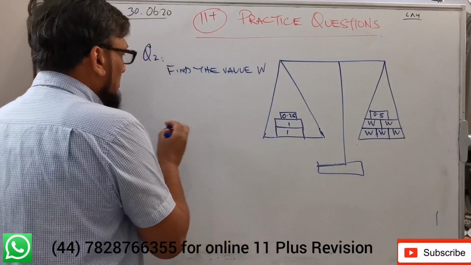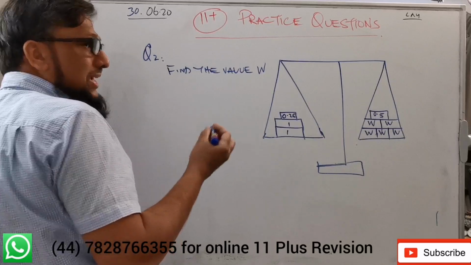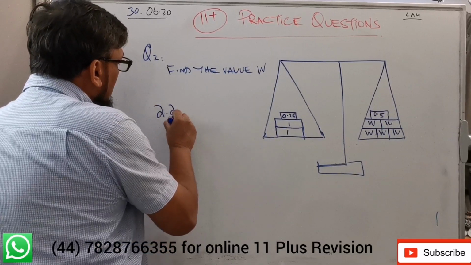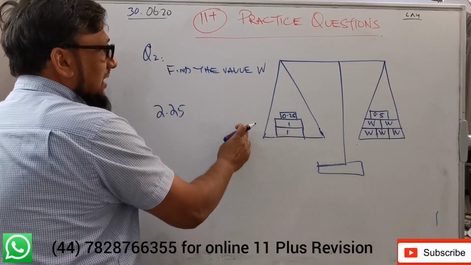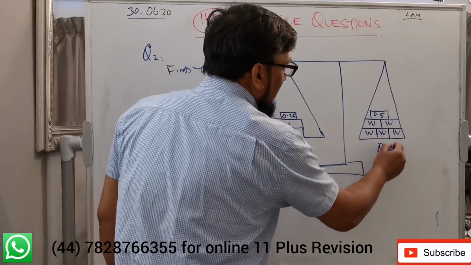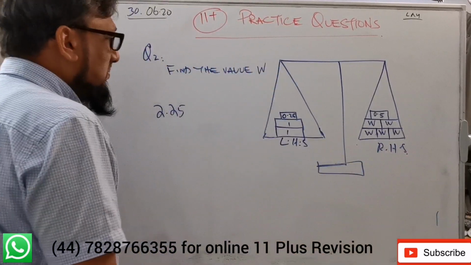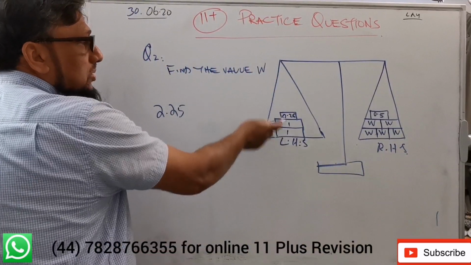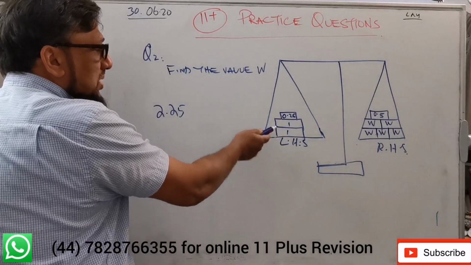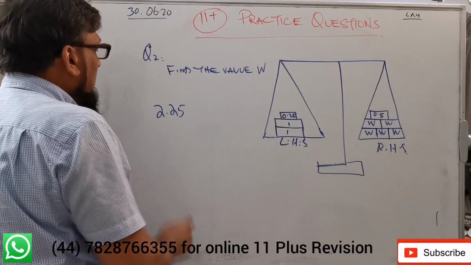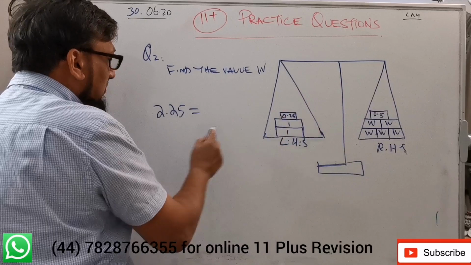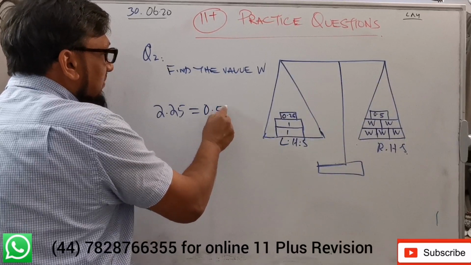So first we need to make an equation: on the left hand side and the right hand side, the weights 1 plus 1 and 0.25, which is 2.25, is equal to 0.5.